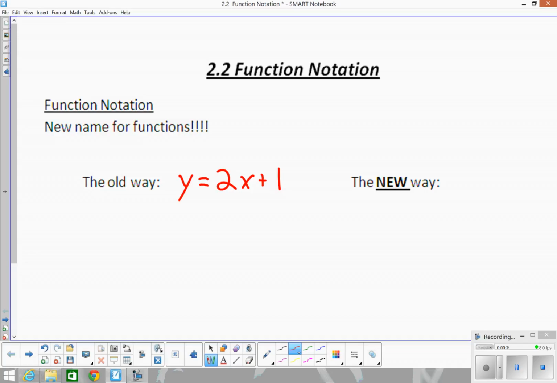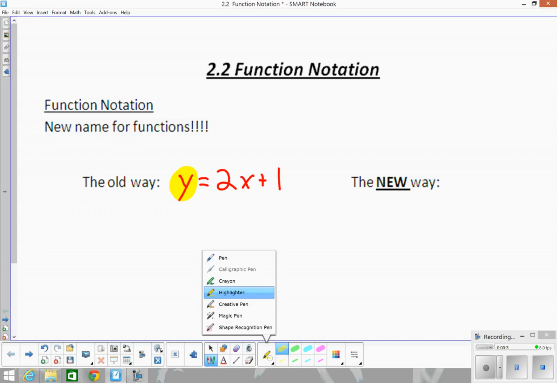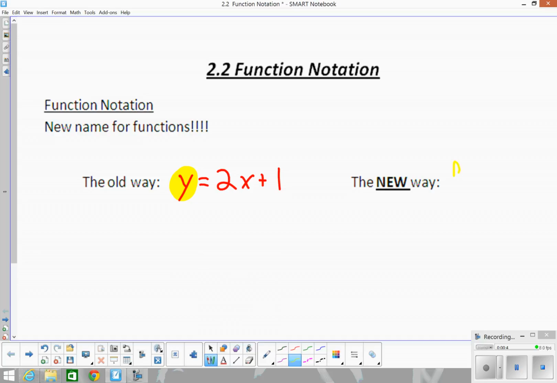Now, really, all we're going to do is change one aspect, and that aspect is going to be that y. Instead of writing that y, in function notation, we're going to write the same thing, but all we're going to write is f of x.